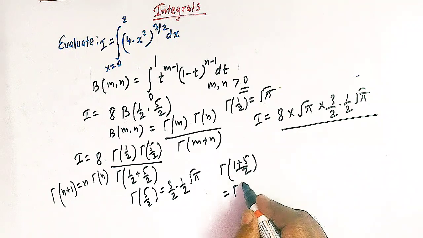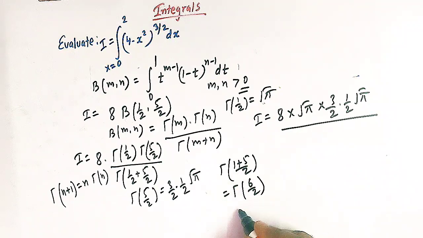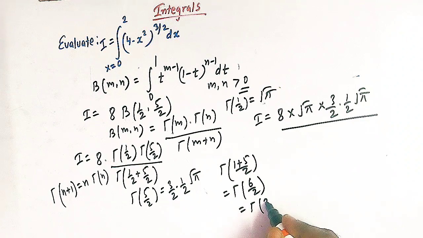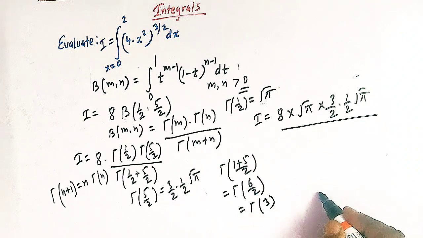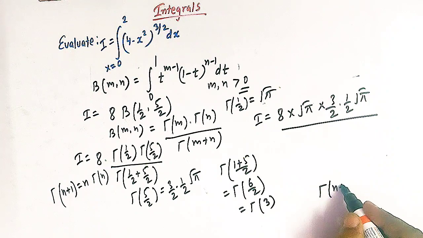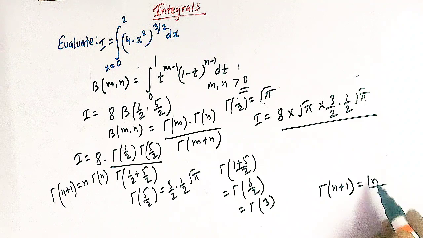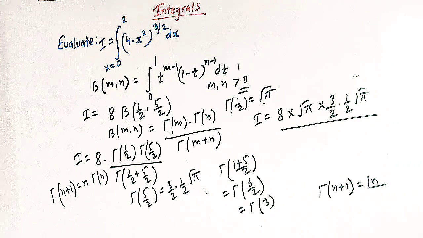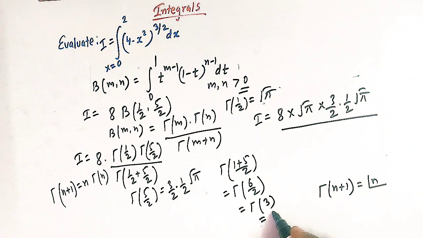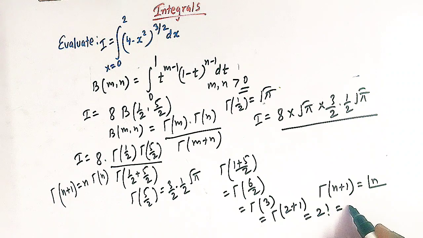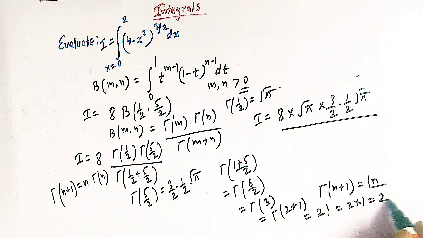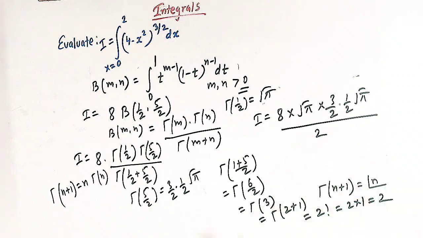This is gamma of 6 over 2, that is gamma of 3, and we know that gamma of n plus 1 is n factorial, where n is some positive integer. So gamma 3 can be written as gamma of 2 plus 1, which is 2 factorial, that is 2 times 1, that is 2.